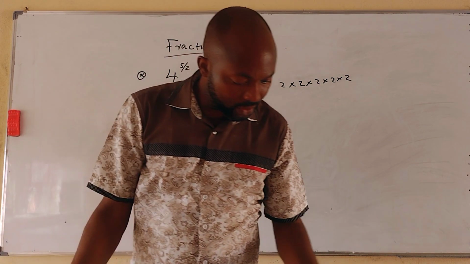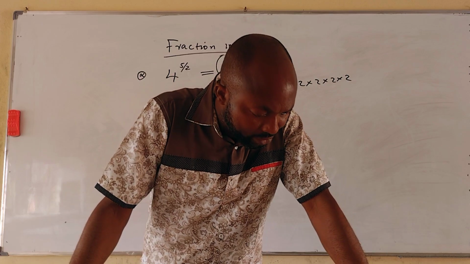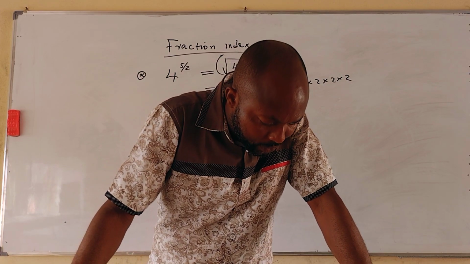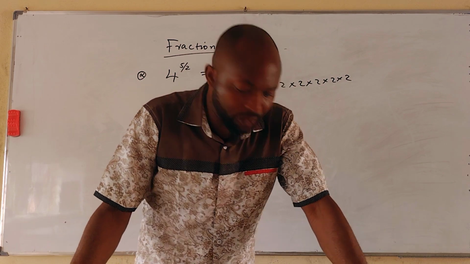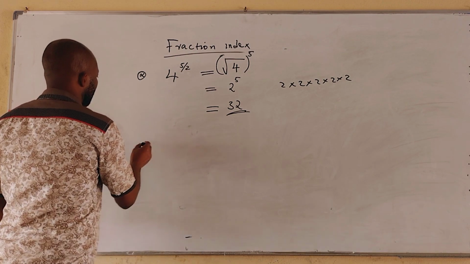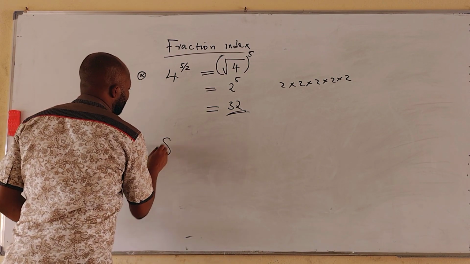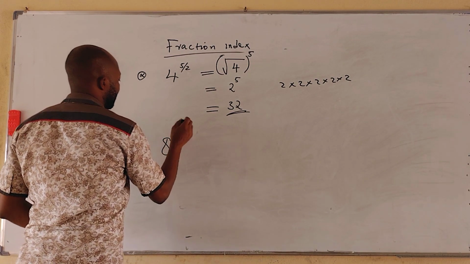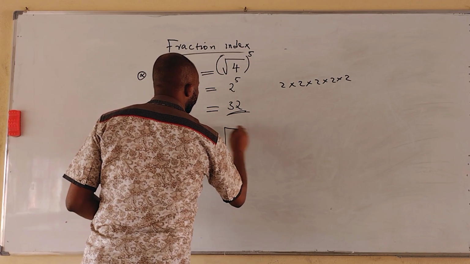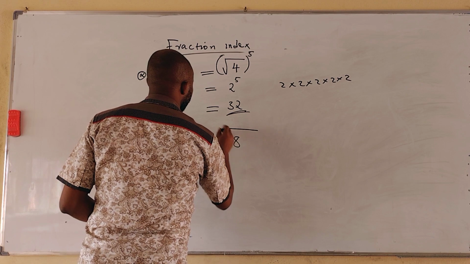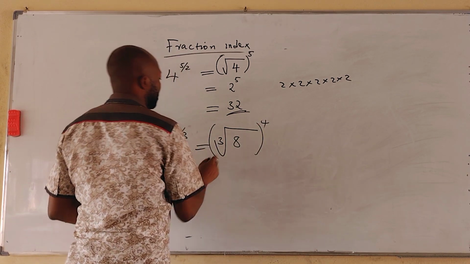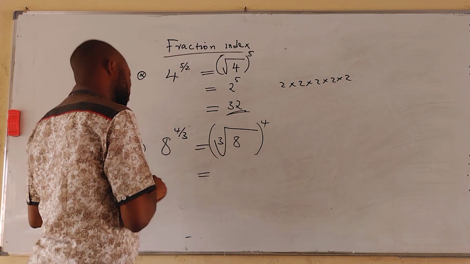Okay, let's take another one. 8 raised to the power 4 over 3. This is the cube root of 8 raised to the power of 4. The cube root of 8 is 2.